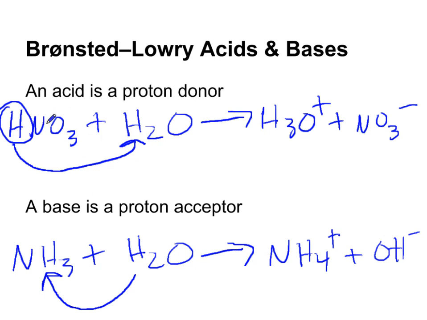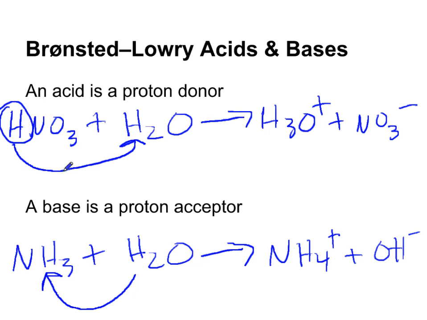So in this case, our acid HNO3 donated a hydrogen ion, which is just one proton, to water. So it donated, it was an acid, and down here, ammonia, NH3, accepted a hydrogen ion or proton. Remember, those are the same thing, so that makes ammonia a Bronsted-Lowry base.